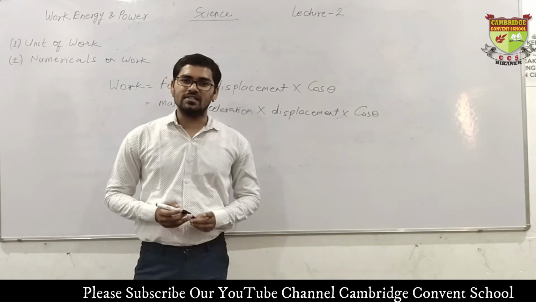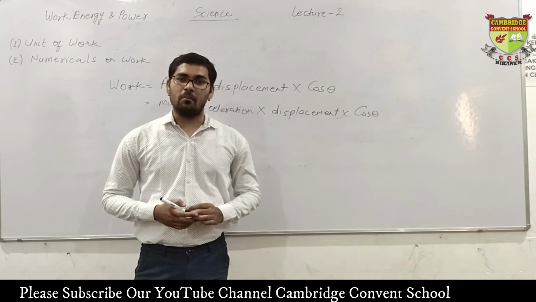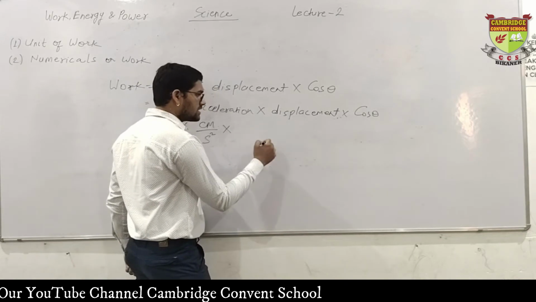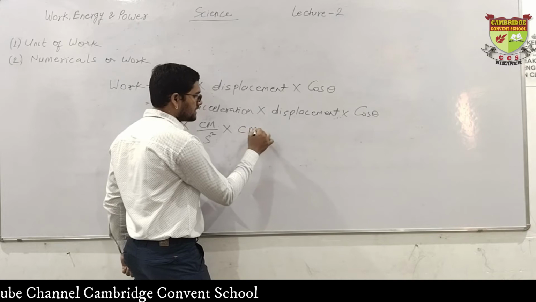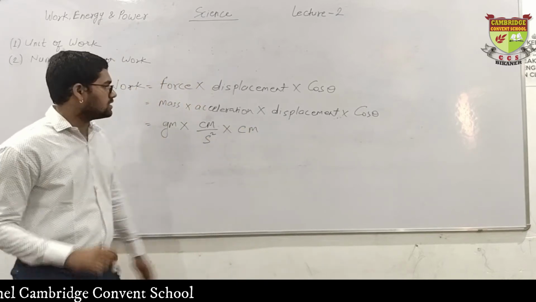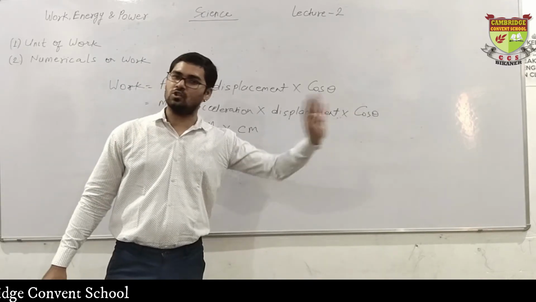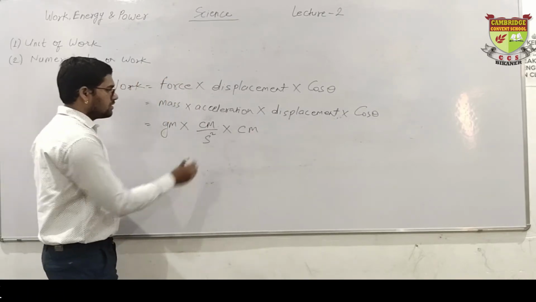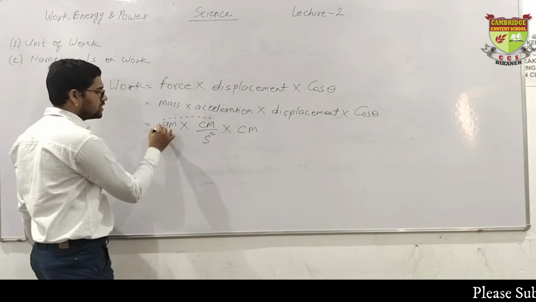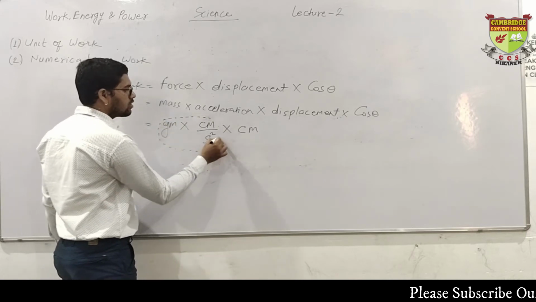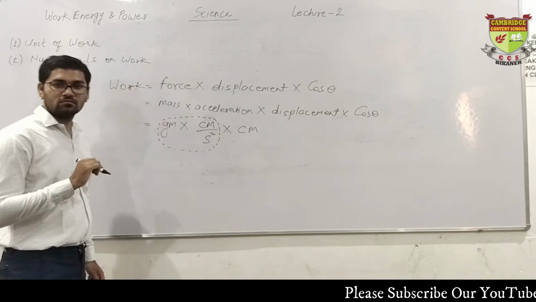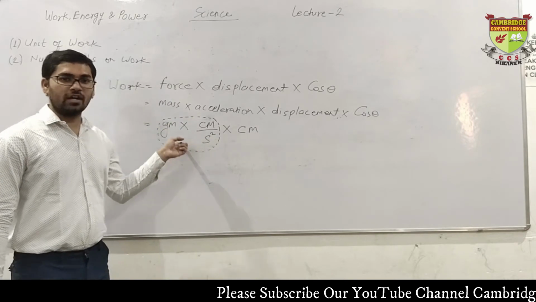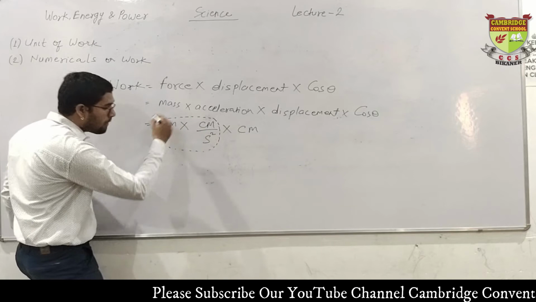Displacement is calculated in meters, but we are taking smaller units, so I will take centimeters. Cos theta is again a unitless thing. Again it is a big thing. Last time we joined them all and called it Newton, but this time there are different units, so it will not be Newton.